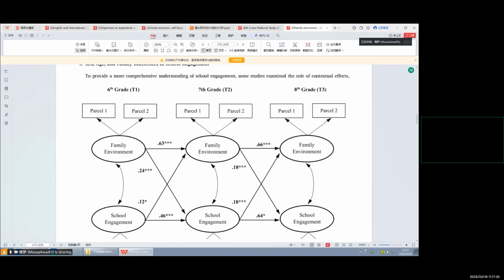So that's what you need to explore. These are only a few examples. We can do many more. I just want you to have a basic understanding of what we can do in quantitative studies. Many complex relationships. Yeah, that's it.